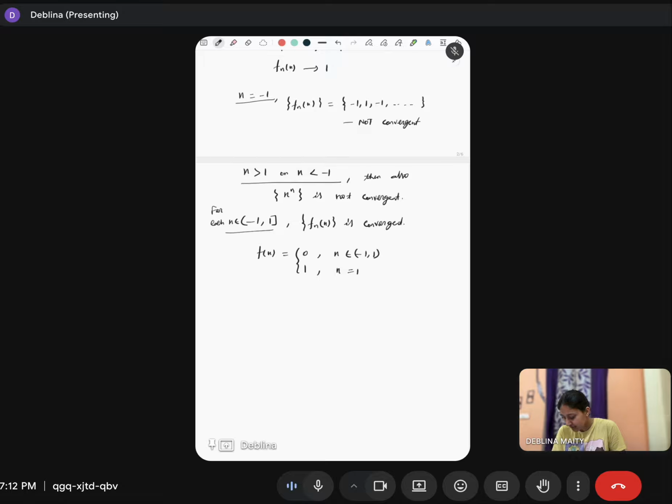Therefore the sequence fn is pointwise convergent on (-1, 1], and the function f is its pointwise limit function.